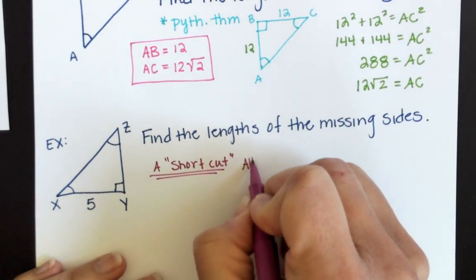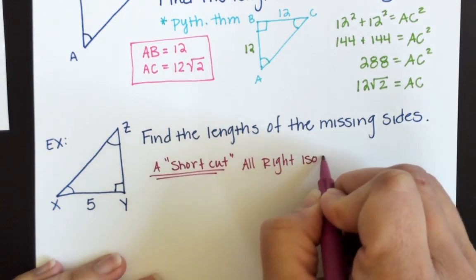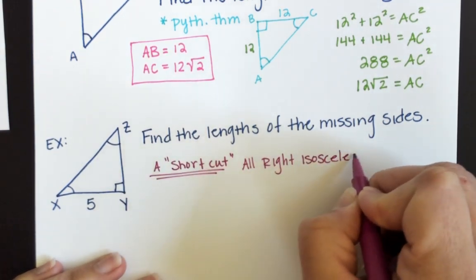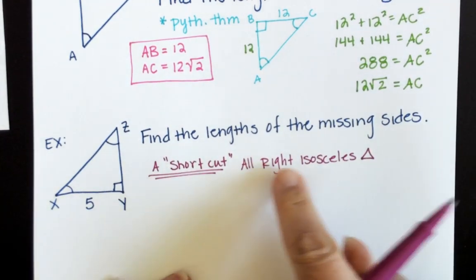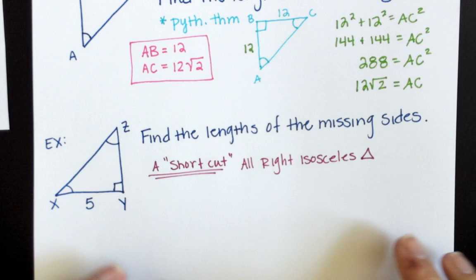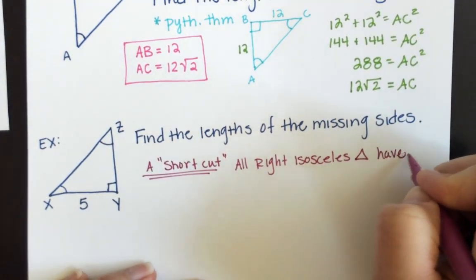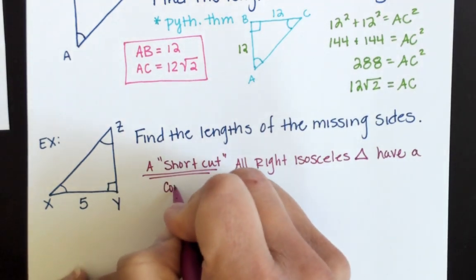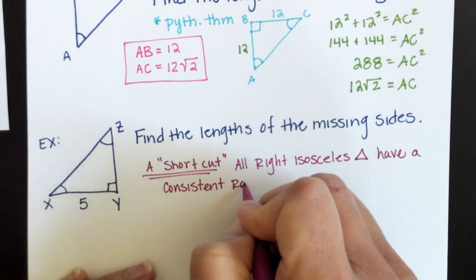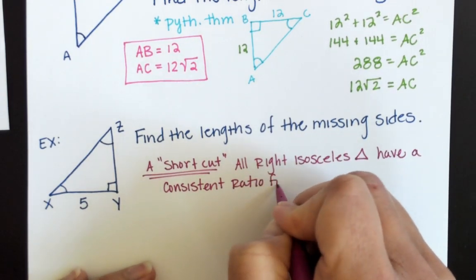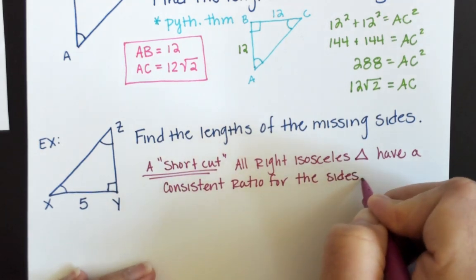All right, isosceles triangles, and it has to be that it's right isosceles. It's not going to be any other type of triangle. Have a consistent ratio for the sides.